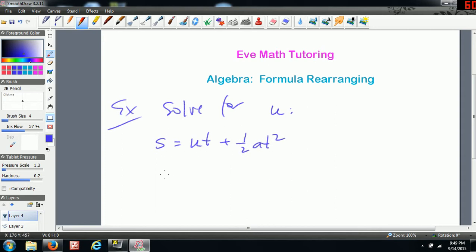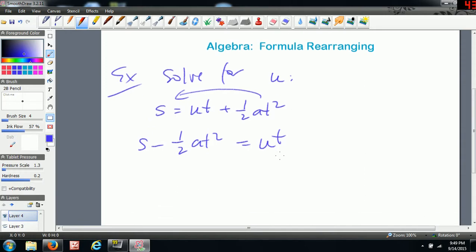So we want to solve for u, so we're going to bring that over here. And then to solve for u, we're going to divide both sides of the equation by t.